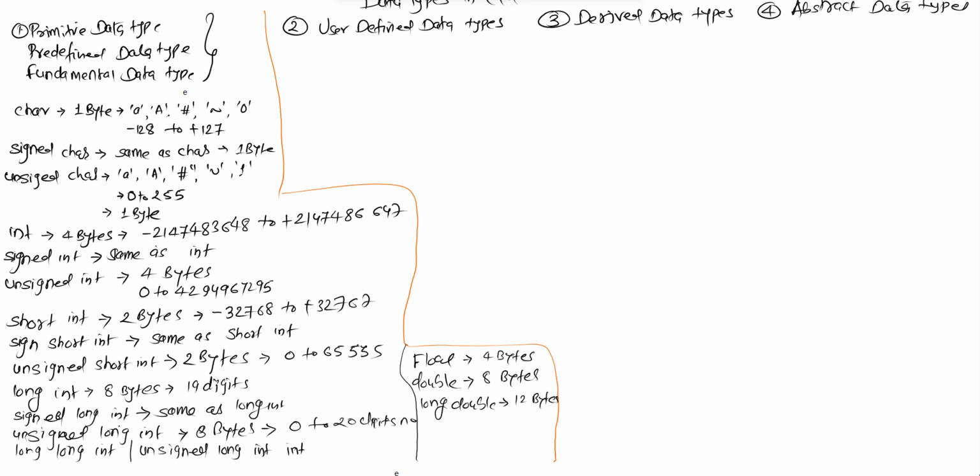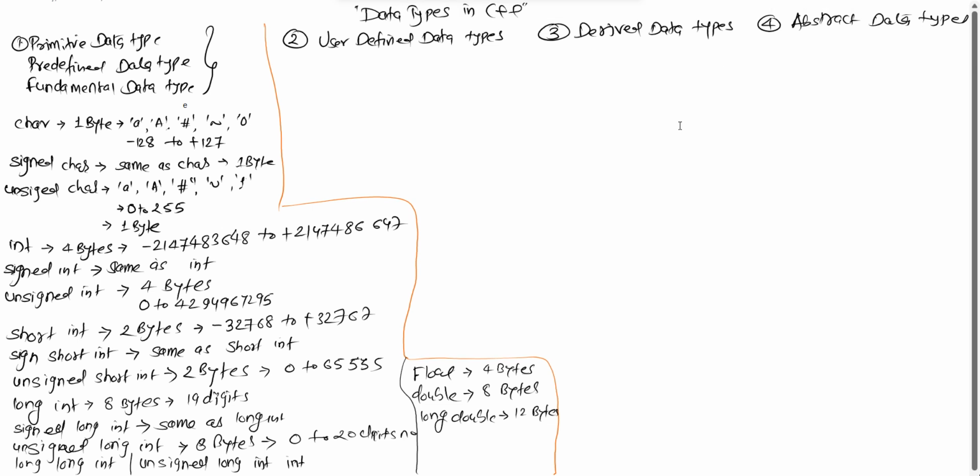Like a programmer can define. So in user data types we have classes, we have structures as user can create, we have enums, we have union.